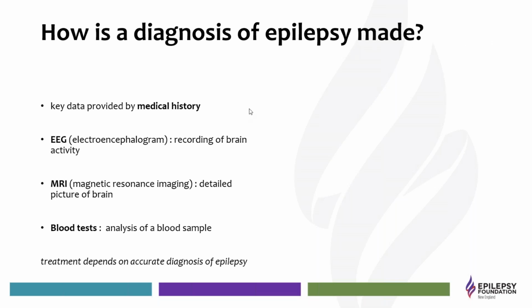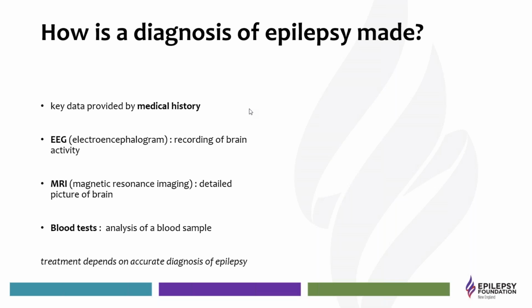So when we look at diagnosis of epilepsy, it's really not like strep throat or some other bacterial illness where they can do a simple throat culture and determine whether or not you need antibiotics. They really have to piece things together like a puzzle.